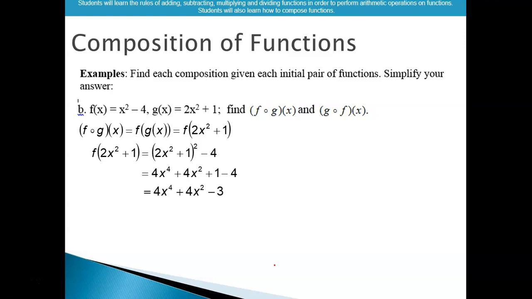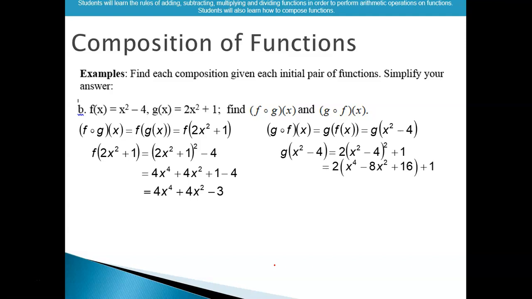So now I'm going to do the reverse, and I'm going to put x squared minus 4 in for 2 quantity x squared plus 1. So I'll square the x squared minus 4, and then I'll distribute the 2. You got to do order of operations, so you have to do the exponent first. So once we've got that squared, then we can distribute our 2 and combine like terms.